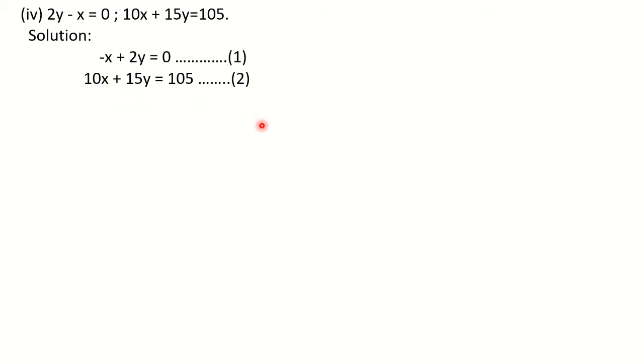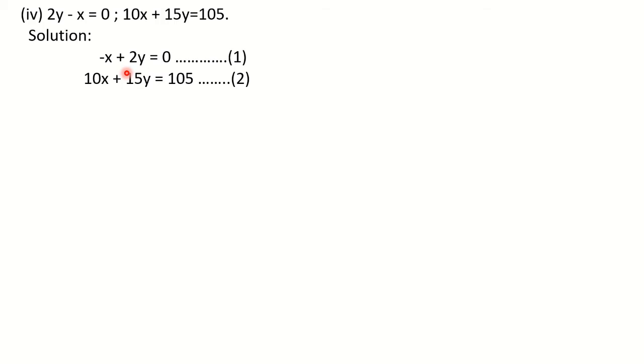Okay. Now here the question can be solved in two different ways. The first thing is that you will observe that equation number 2 is divisible by 5. Everywhere the coefficients are divisible by 5, so you can reduce it. That is one way. Or somebody will think, why should I reduce it? Instead, I will multiply equation 1 by 10 and then add.